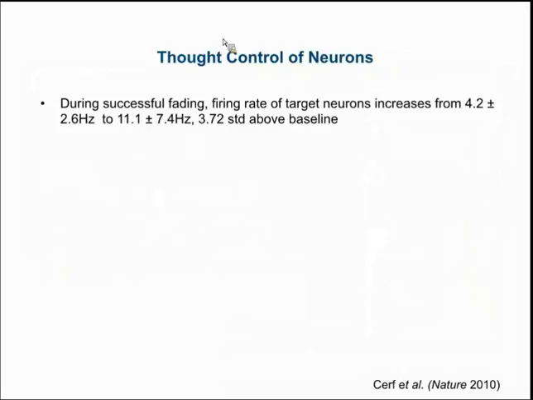You can see the details here. It came out 5 years ago in Nature. So if people do this successfully, and some people do it successfully the first time they ever try, which is pretty amazing, because this is a totally unnatural way of having control over your mental life, right? Because what you have to do, in fact, we're doing it from 4 neurons, also some distracter neurons. You have to enhance the firing rate of the target neurons.